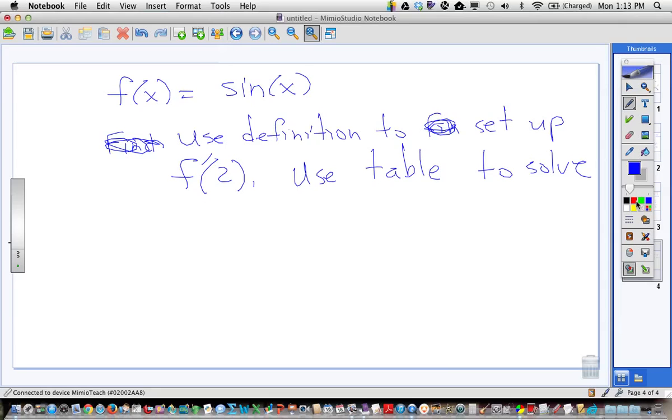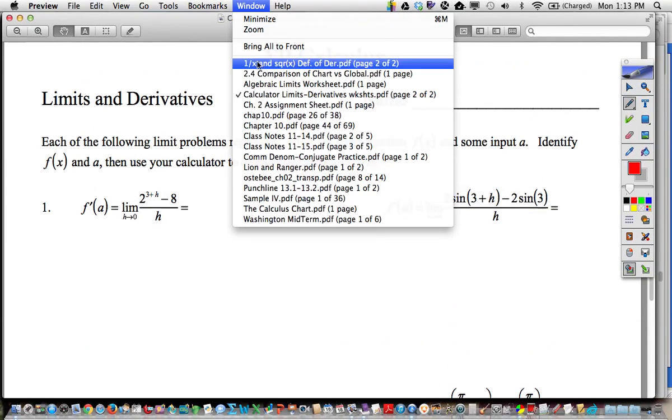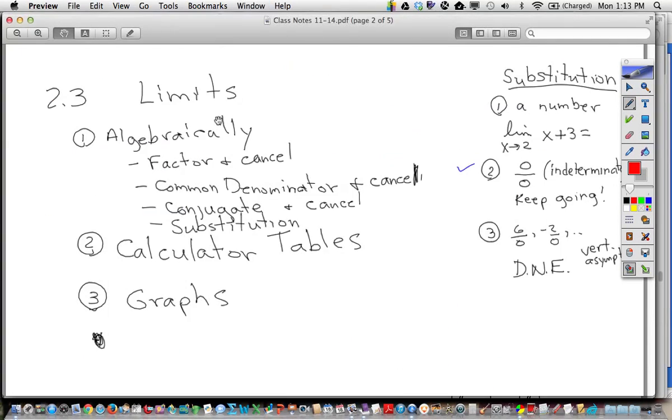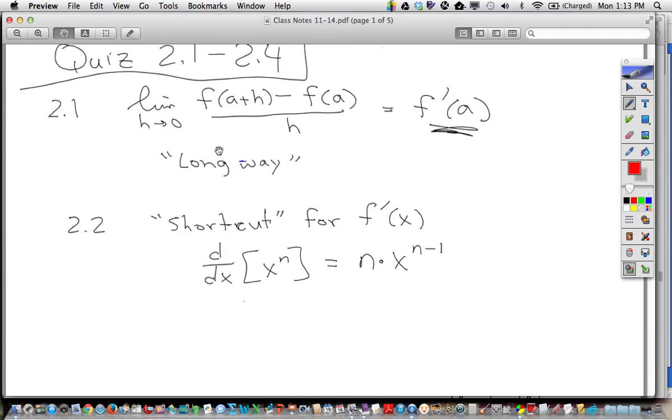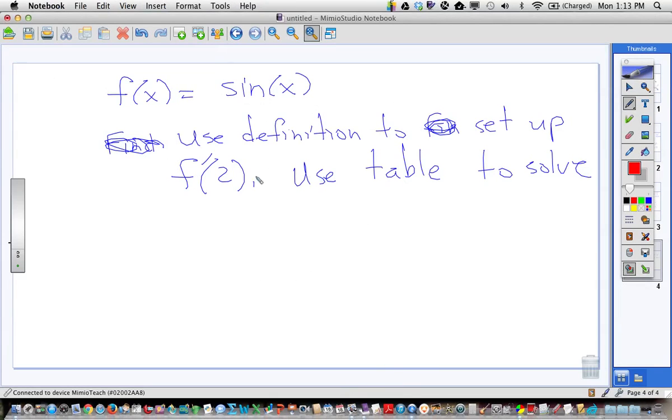So what does that mean? Use the definition of the derivative to set it up. Right here, right? This is the definition of the derivative. So I would have limit.